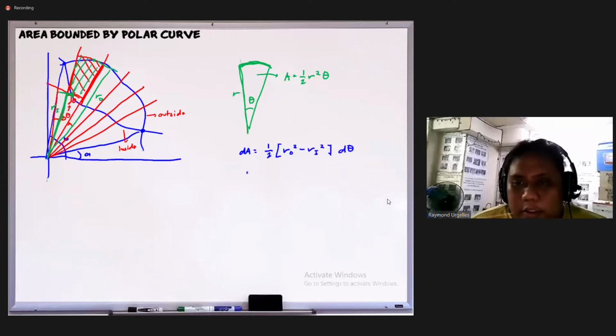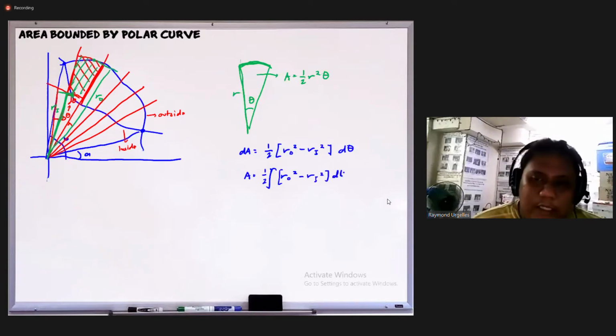Then solving for the area, i-integrate lang natin to. So this is 1/2 integral of r outside squared minus r inside squared d theta, limits of integration from theta equals a to theta equals b.